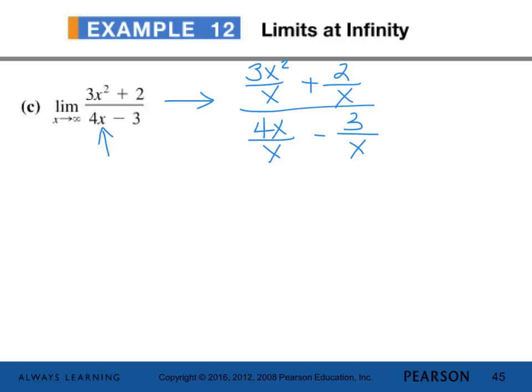Then we're going to take the limit of every one of those as x approaches infinity. So here x is going to take out the square, and we're going to have 3x. And those x's are going to cancel, which is going to give us 4.